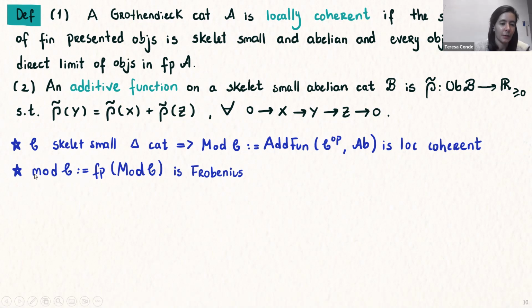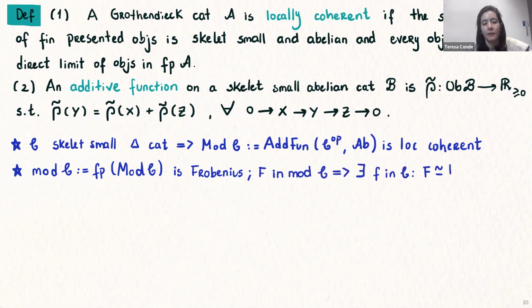I must say that from now onwards, we are going to denote the subcategory of finitely presented objects of big mod C simply by small mod C. And another nice thing is that every object in small mod C is represented by a morphism coming from the triangulated category. So every finitely presented functor is of the form im hom(-, f) for some morphism f in the triangulated category.